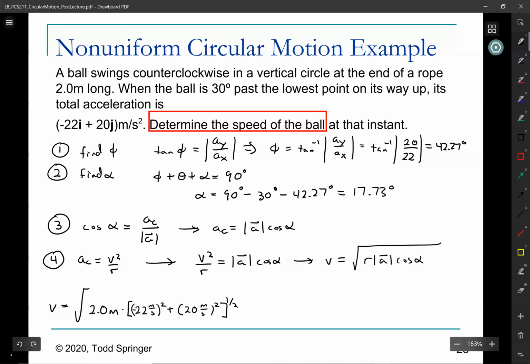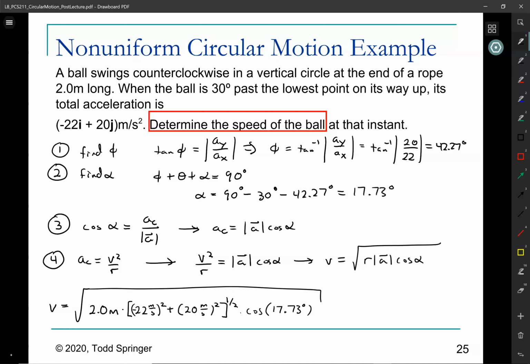Whole thing square rooted, that's the Pythagorean theorem, finding the magnitude of A, times the cosine of alpha, which is 17.73 degrees. That whole thing under the square root.